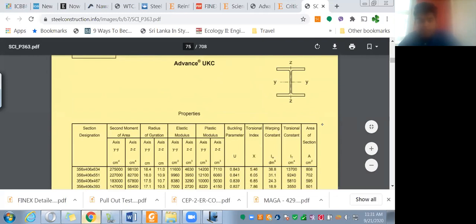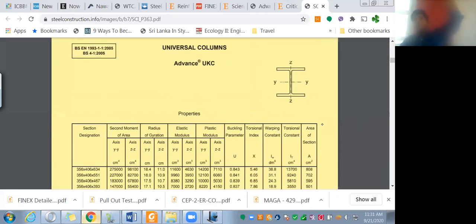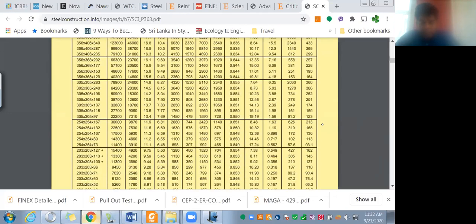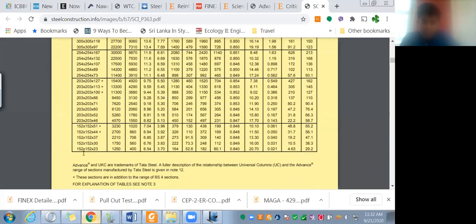So for the second moment of area, there are two I values. When you compress a member, it will buckle about the weakest axis. It will not buckle about the strongest axis. If you look at the I value for this section, 152 by 152, it is 1250 into 10 to the 3 for the strong axis, and 400 for the weak axis.